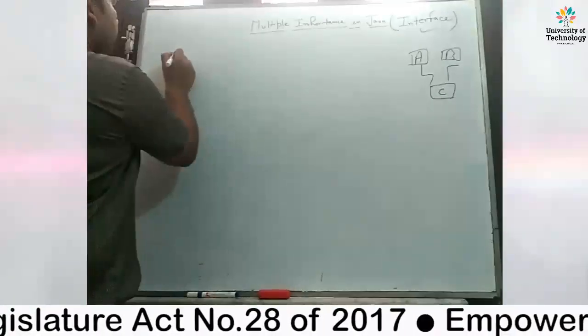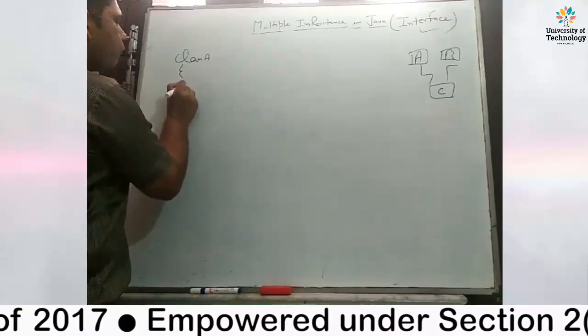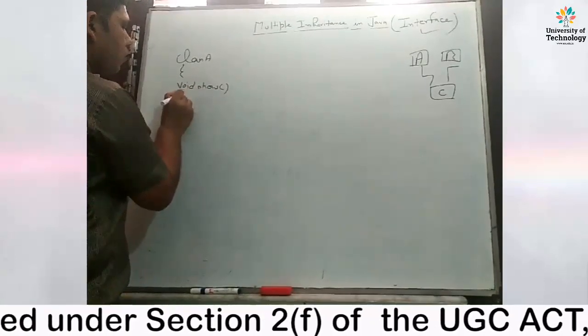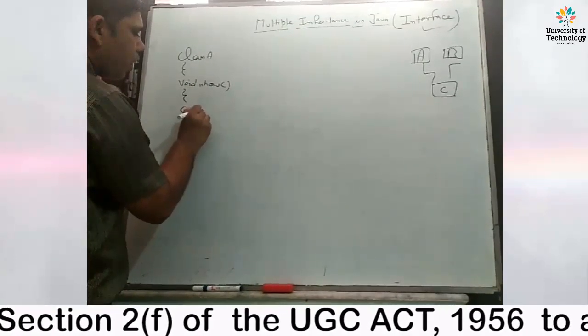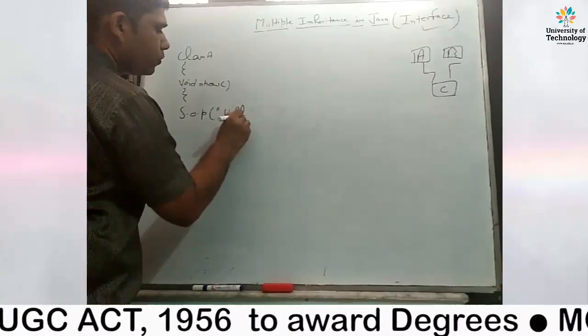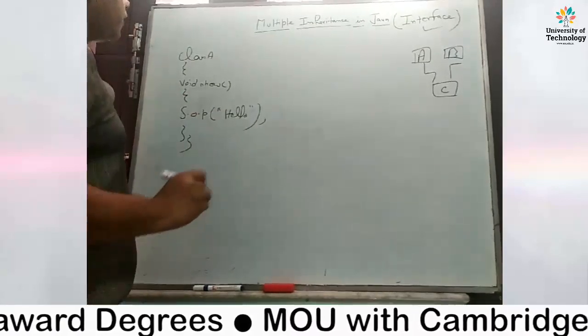Class A, void show, System.out.print hello.